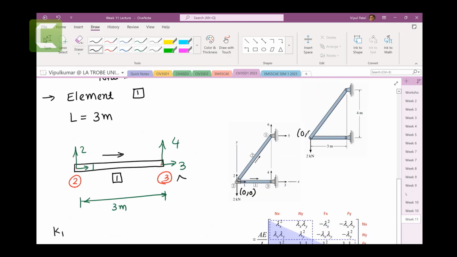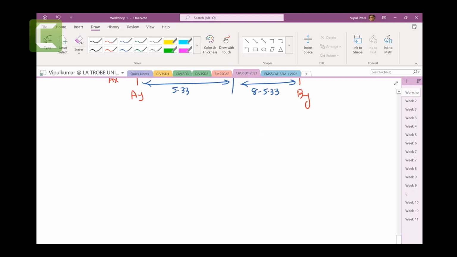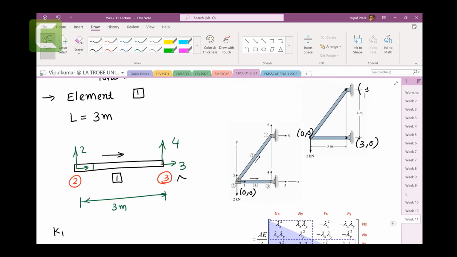So that would be 0, 0 here, and this point would be x is 3, y is 0. And this would be 3, 4. Right? So you have 0, 0 here, across 3 meters and y is 0, across 3 meters and y is 4. So that is the coordinate system which I have written.